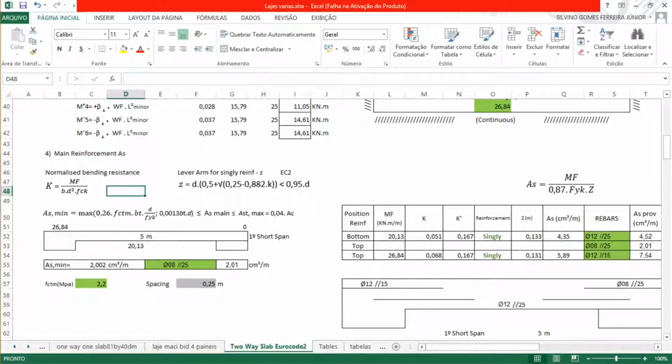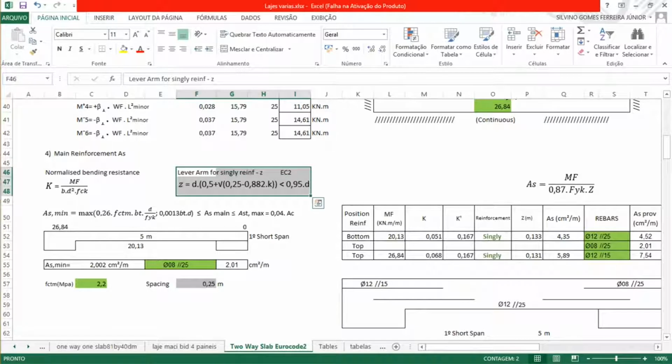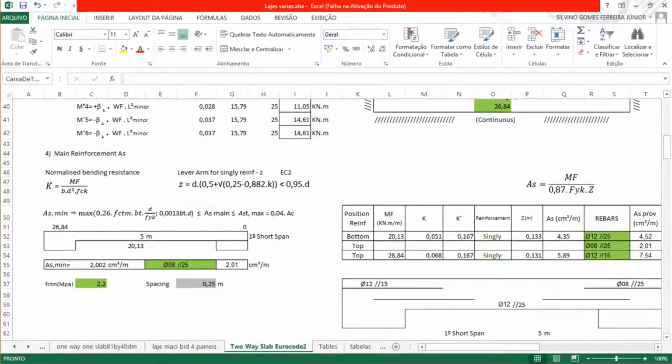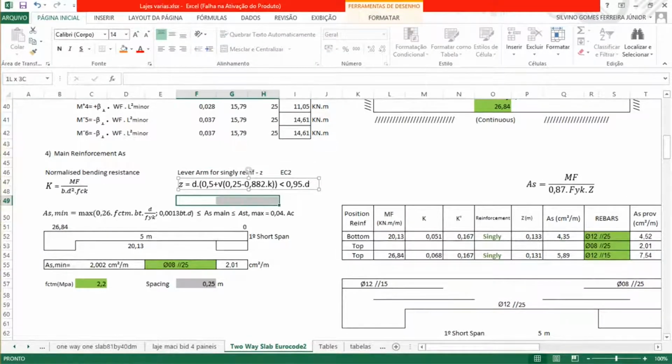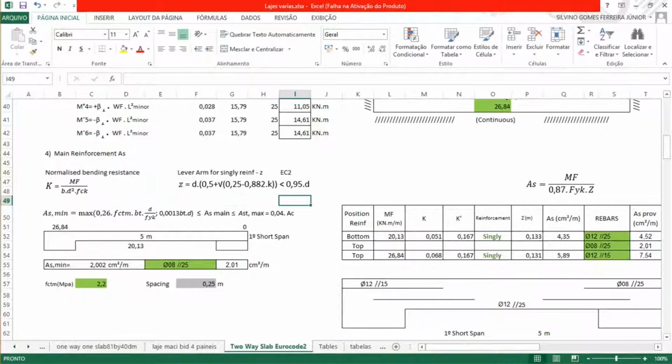And we'll need it later to calculate the lever arm in single reinforced concrete by the Eurocode. You calculate Z, the lever arm, by this equation. It has to be equal to this, and has to be less than 0.95 multiplied by d, the effective depth.